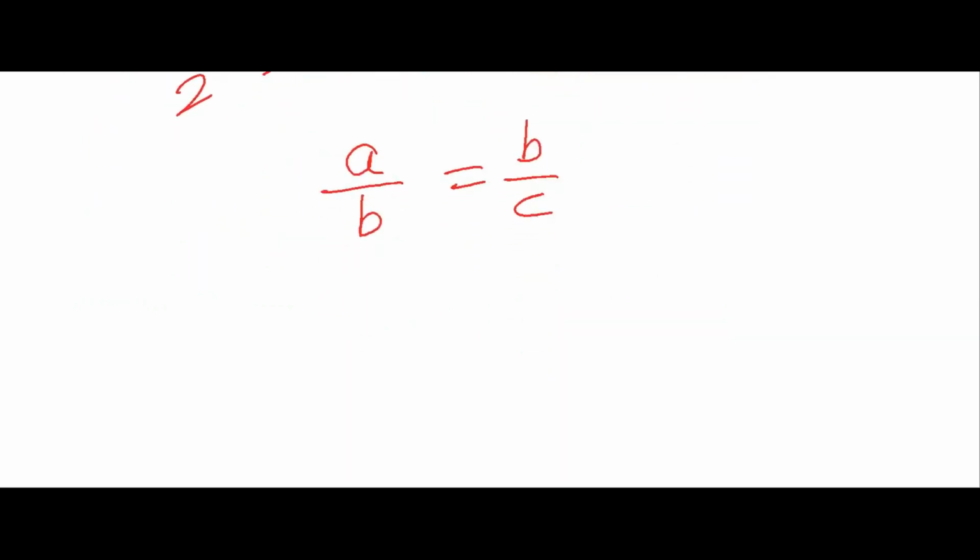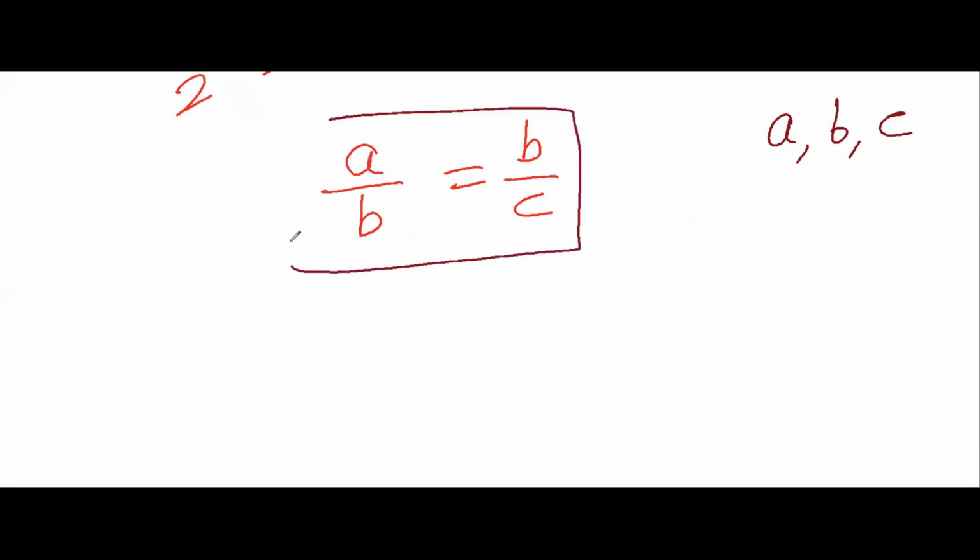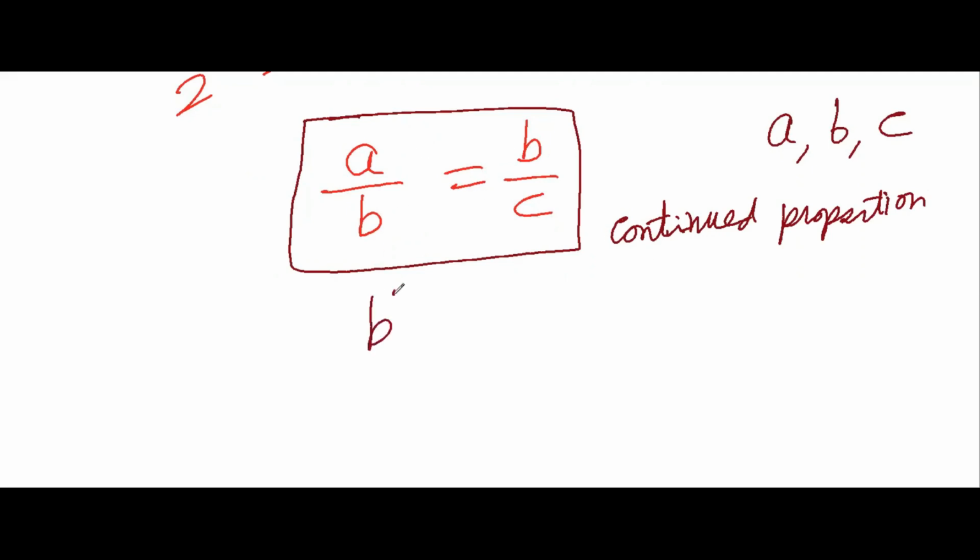I can see only three terms: A, B, and C. Whenever you get such a form, such a proportion is called continuous or continued proportion. Now when you cross multiply, you get B square is equal to AC.